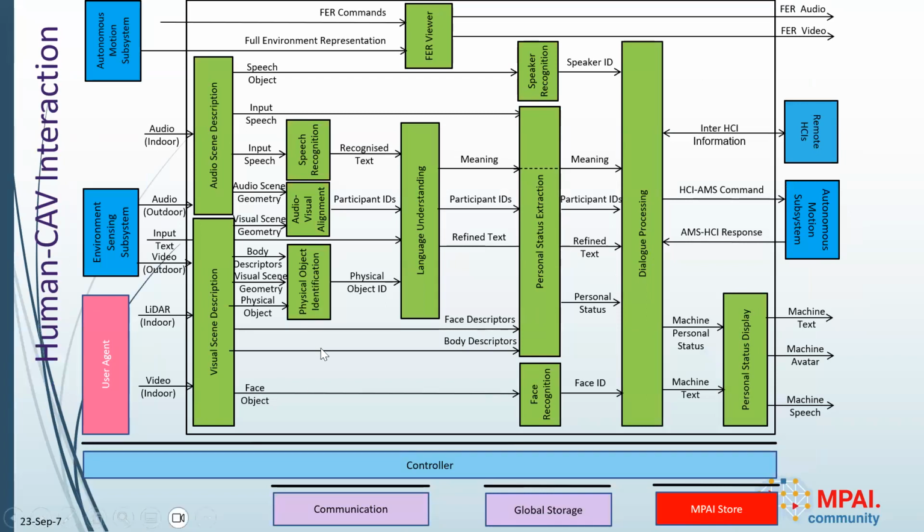So here too, we have the case of having the visual scene description and the audio scene description producing objects and their geometries, and we need to be able to correlate these two objects when we have, for instance, a person and a speech. So we know the position of the speech, and we know the position of the human. We have to correlate that, and this is the purpose.